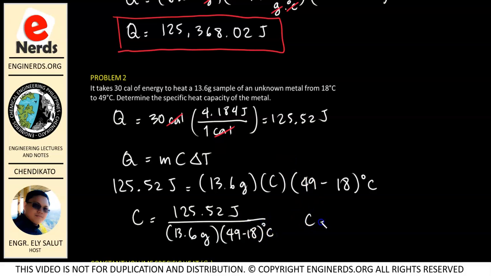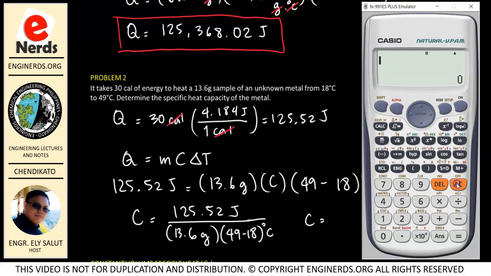Okay, so we can now solve for our specific heat capacity. So let us use again our calculator. So we have 125.52 divided by 13.6, then divided by 49 minus 18.